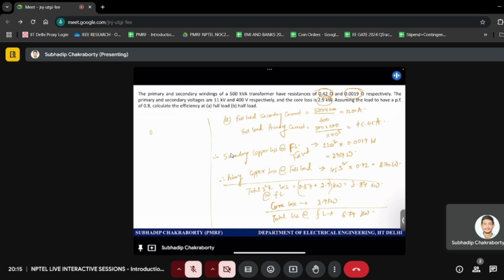Then I know that the output power at 0.8 power factor is nothing but 500 into 0.8, which is 400 kilowatts. Input power is this 400 kilowatts plus this loss.